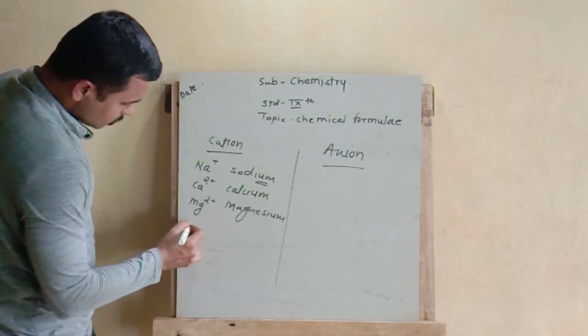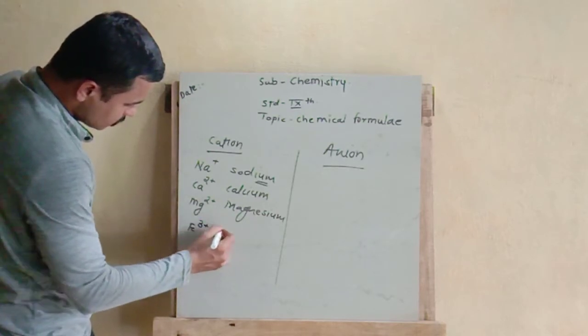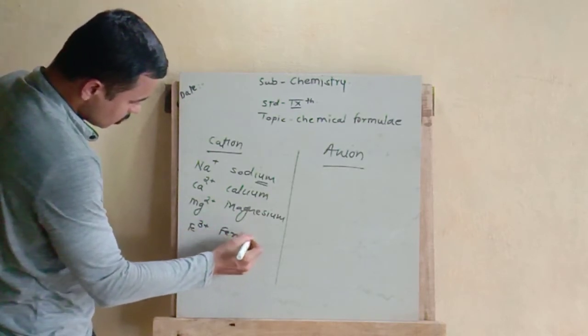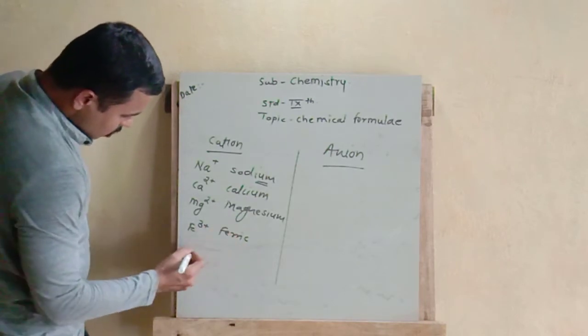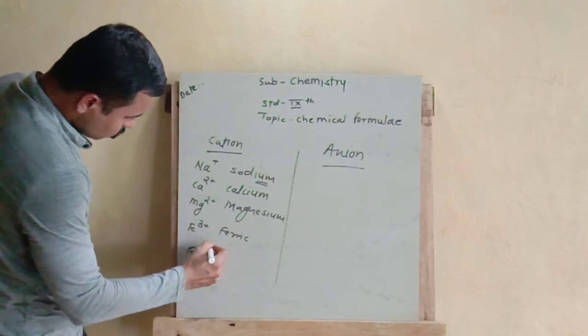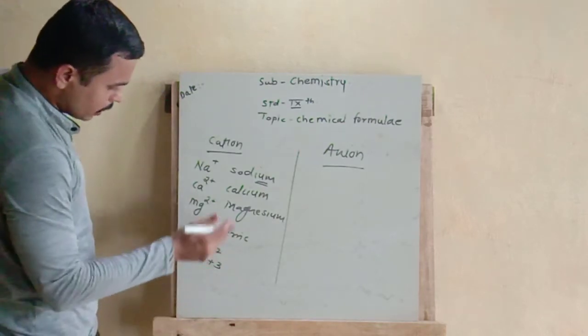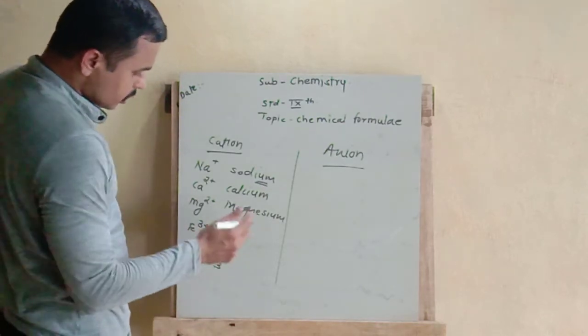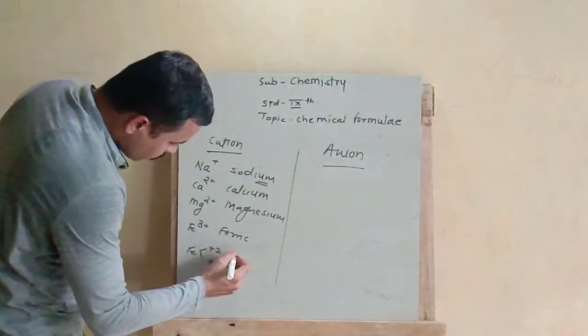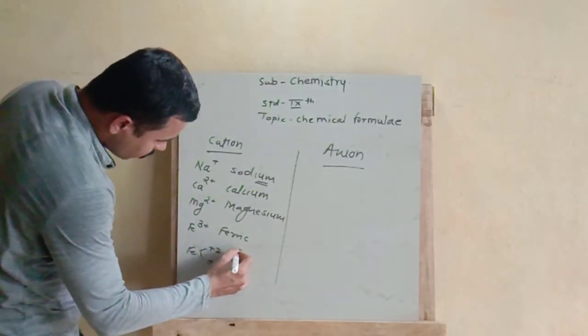Then suppose I am writing Fe3+, ferric. So iron shows two different states of charge, +2 and +3. It can show +2 or it can show +3. When it shows +2, it is called ferrous.